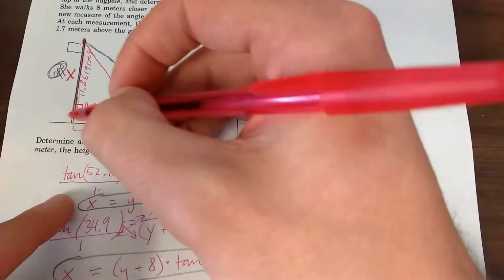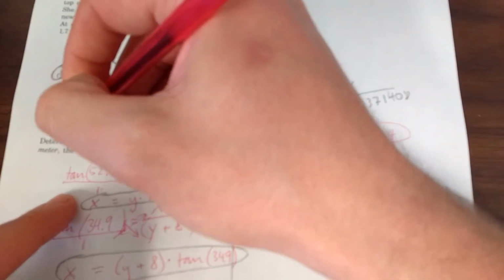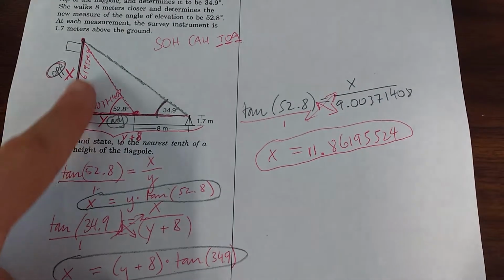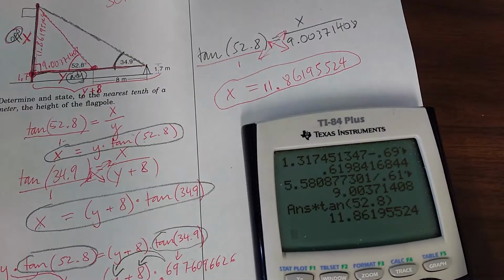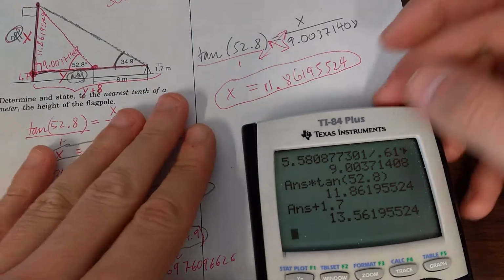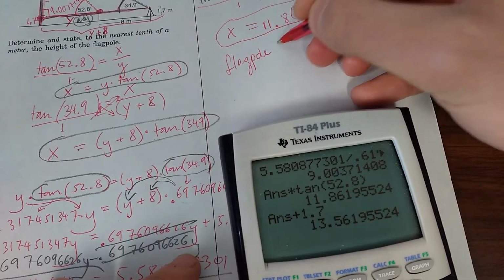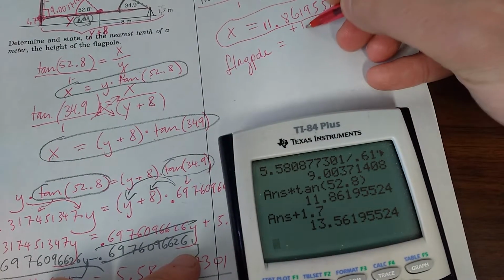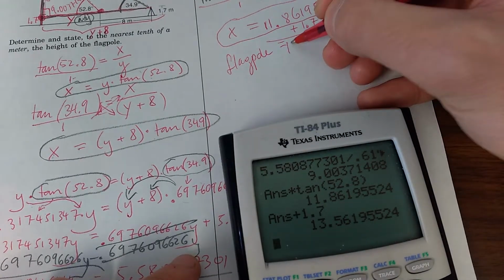But notice that the flagpole actually has 1.7 meters more to the ground. So we actually have to take that number that we just got, the x number, and we got to add 1.7. So we're going to add 1.7, and we finally got the flagpole.